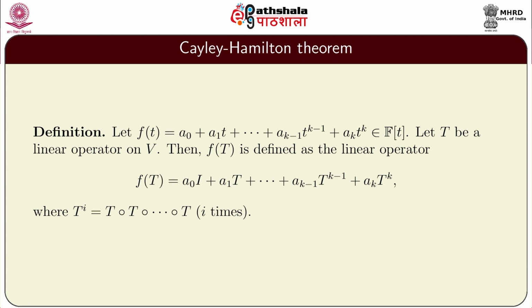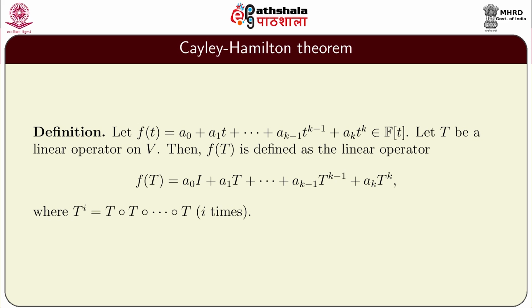A quick definition: let f t denote this polynomial A0 plus A1 t and so on up to A k t to the power k. In f t, that means the coefficients of the polynomial are in the field F. Let T be a linear operator on V. Then f of T is defined as A0 I plus A1 T plus A2 T square and so on A k T to the power k.